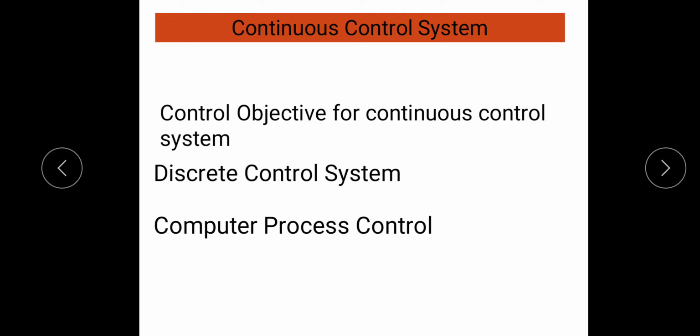Continuous control systems can achieve their control objective in a number of ways. These include methods of regulatory control, feedforward control, steady state optimization, and adaptive control, as mentioned in the coming table.